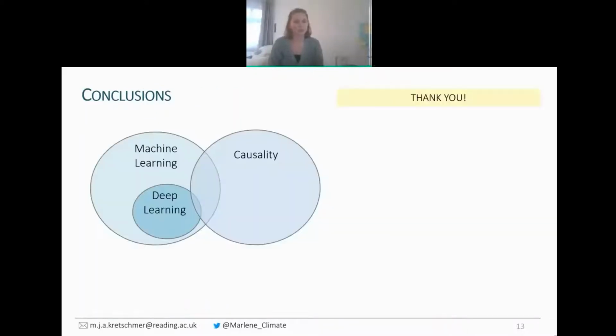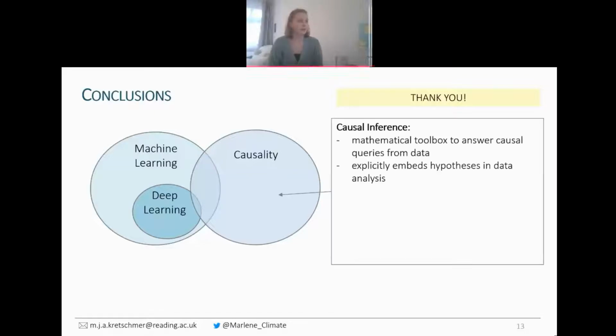So to conclude, I talked about causal inference, which is at this intersection with machine learning and statistics. And I think the thing is one has to explicitly embed hypotheses in the data analysis.